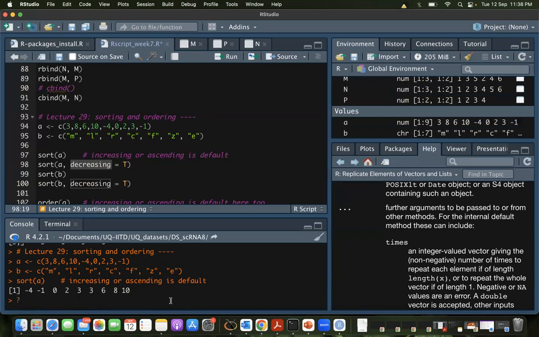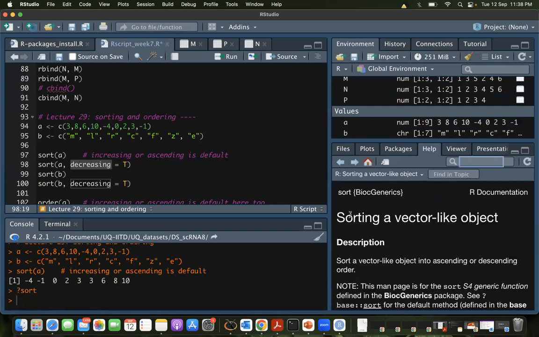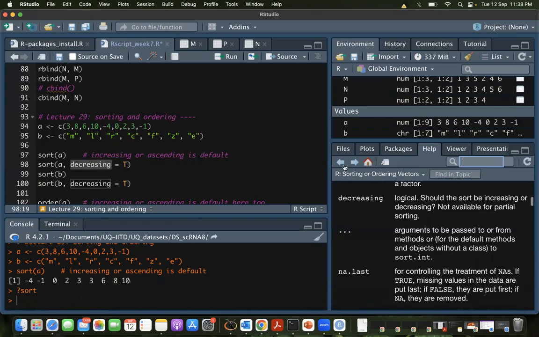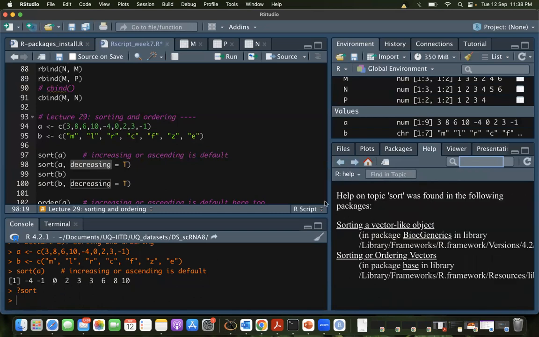If you see here, question mark sort. When I wrote question mark sort, sometimes the same function name can be available to do multiple tasks depending on the input. Here the description is the same, it's going to do the same task, but it might do some different functions.